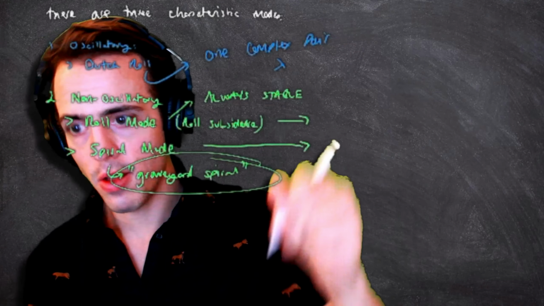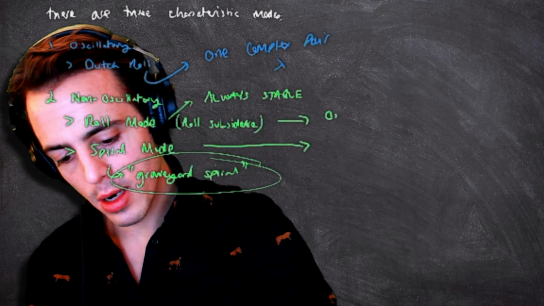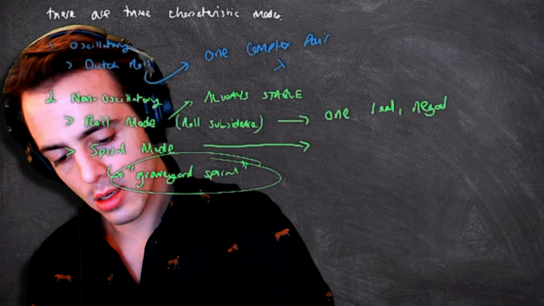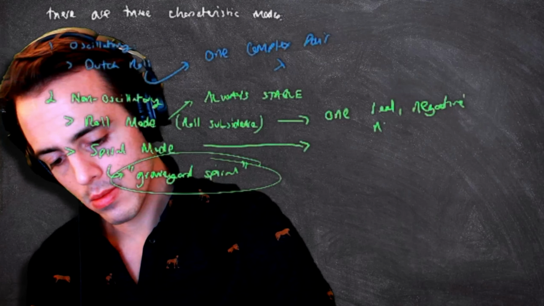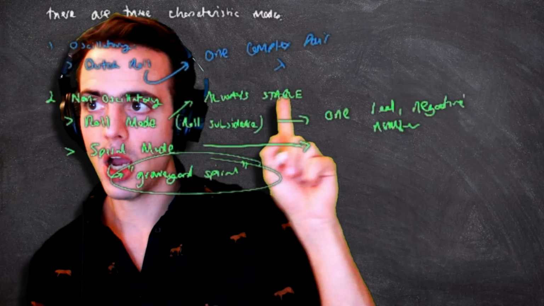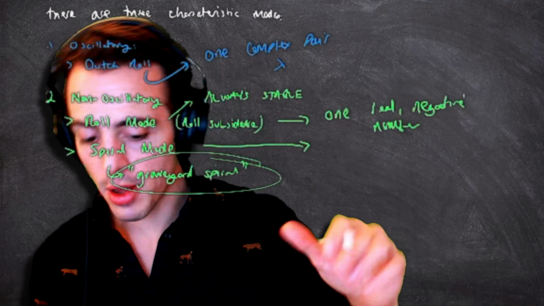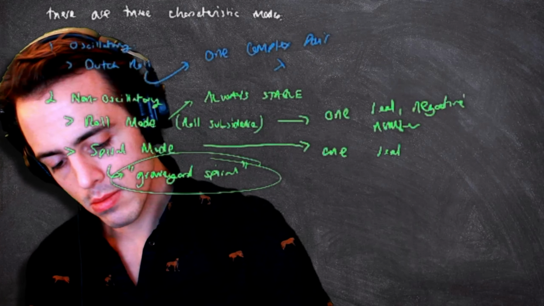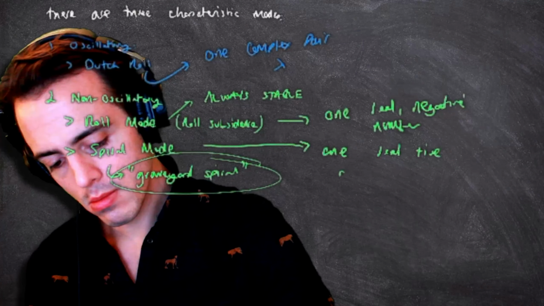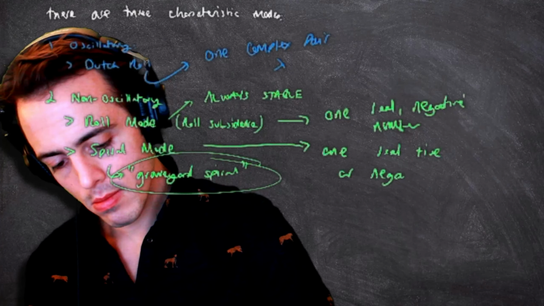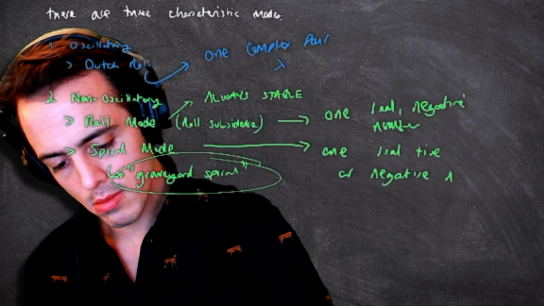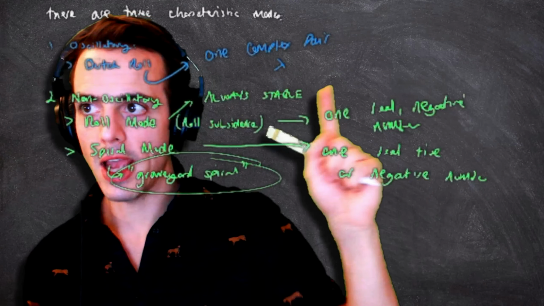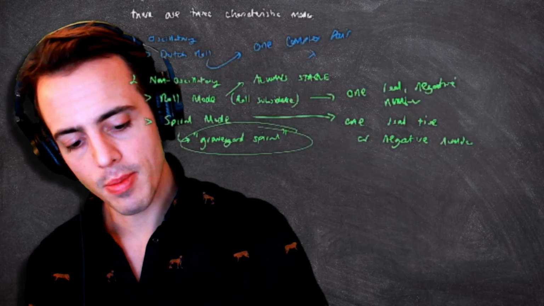So we're expecting one complex pair of eigenvalues for this one, and then we would expect each of these to have the roll mode, because it's always stable. This will be one real negative number. And then the spiral mode will be one real positive or negative number. So in total, we'd expect 4 eigenvalues to describe this behavior.